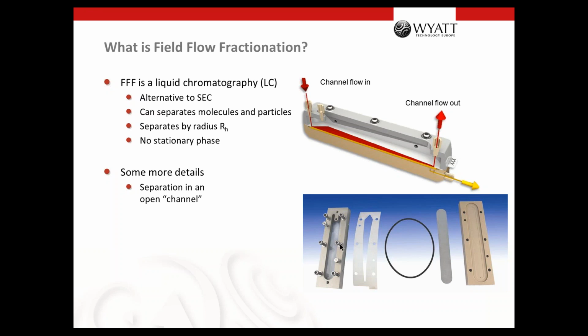The parts of the channel are here in the picture below. So this is the lower plate where the frit is in, and the O-ring to seal the channel. On the frit we have a membrane with different cutoff. We have membranes of 5, 10, and 30 kilodalton, and also lower cutoffs of 2 kilodalton or even lower is possible.